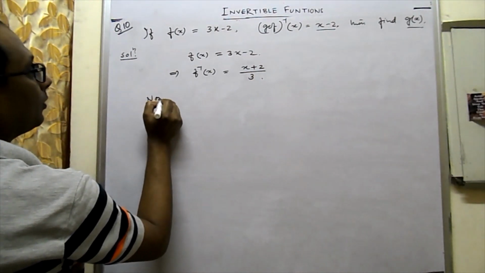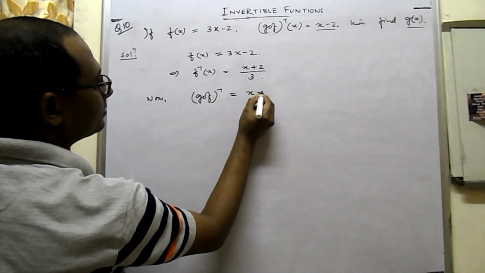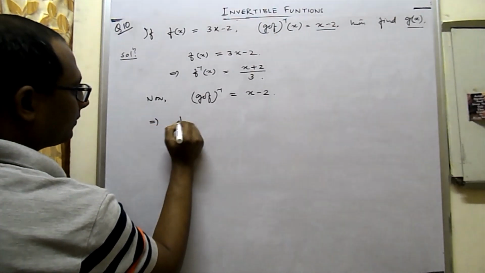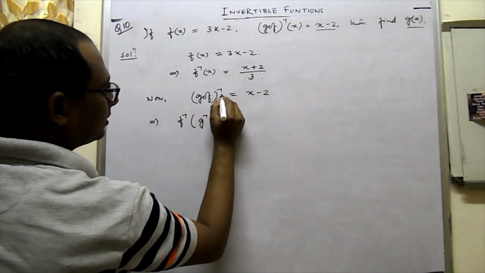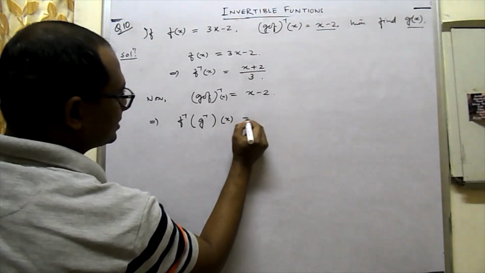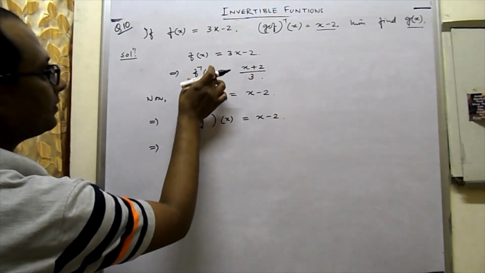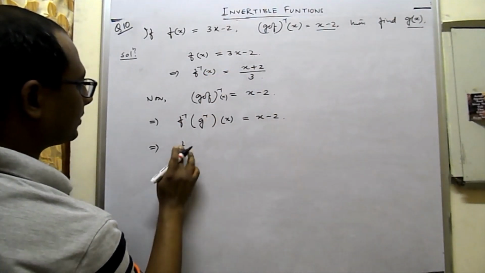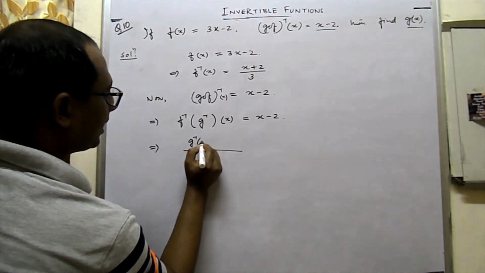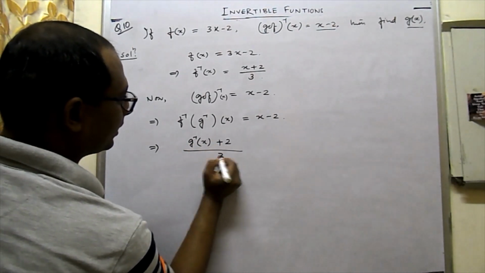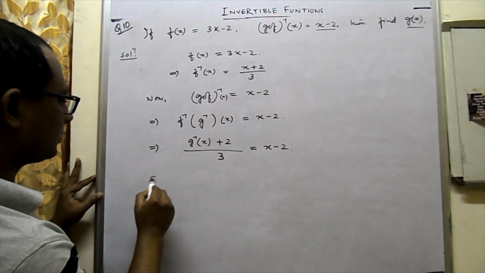Now z of f whole inverse is given to be x minus 2. So f inverse of z inverse of x is given to be x minus 2. So f inverse of x is this. So we'll get simply z inverse of x plus 2 upon 3 equal to x minus 2, right?